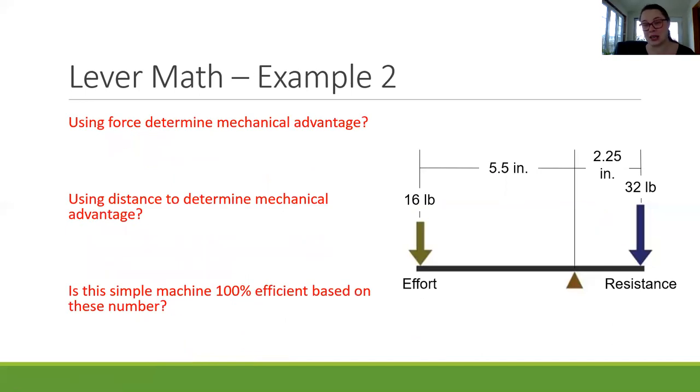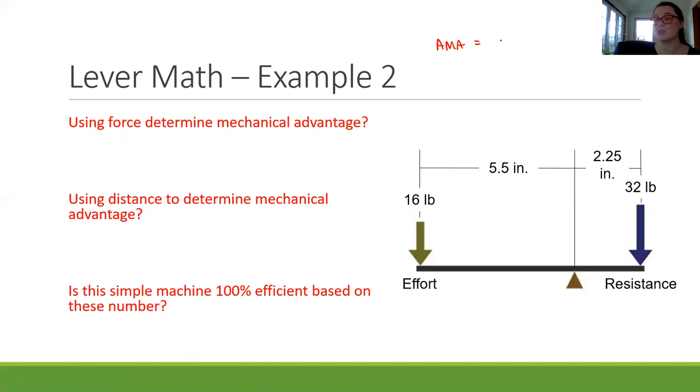Okay, example 2. You'll notice it's the same picture, but we're asking some other things. This time I want you to think about mechanical advantage. It's the same formulas that we had in the last 2 sets of slides. If you don't remember the formulas, you can look them up. I'll make a note of them here. Ideal mechanical advantage uses distance because it's not affected.